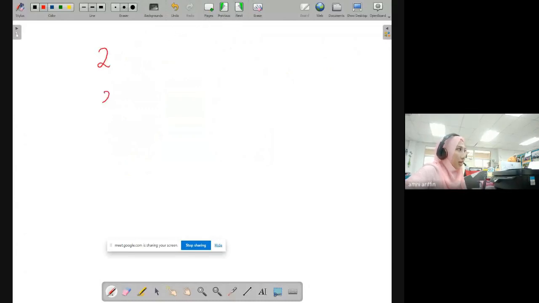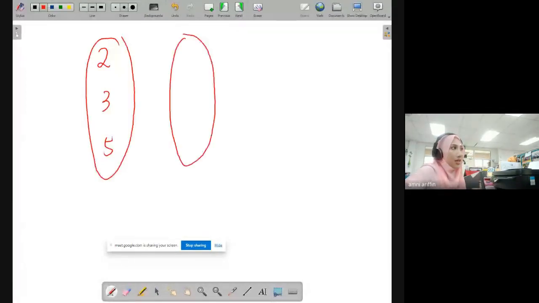This is object. Okay, and then I ask you to find the image. Given dia punya function is f x equal to 1/x.